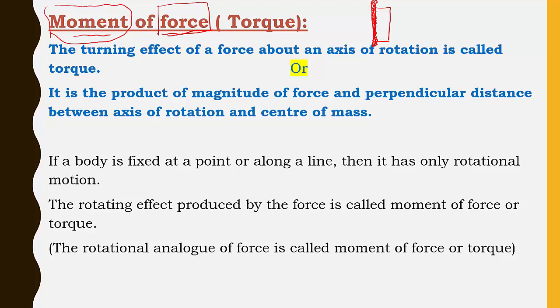Where we have to apply force? We have to apply force at the other end here, perpendicularly. So when we apply force at a certain distance from the axis of rotation, then this object starts to rotate instead of translation.